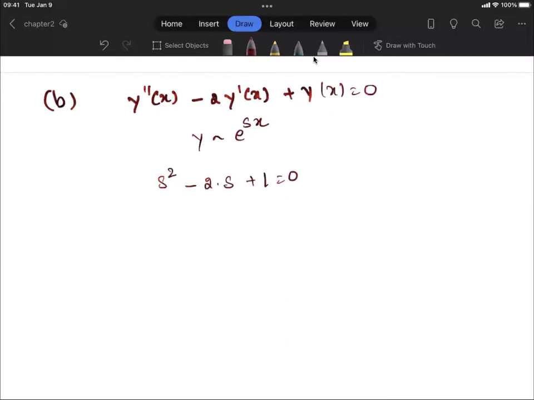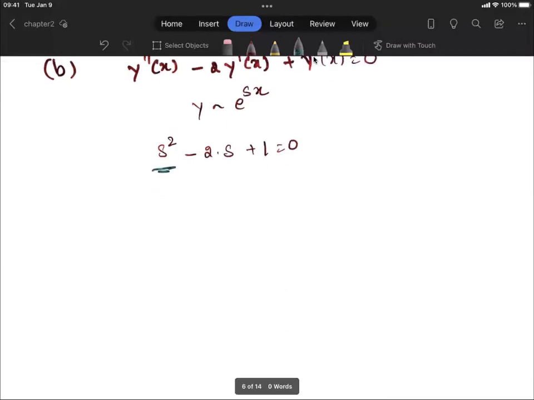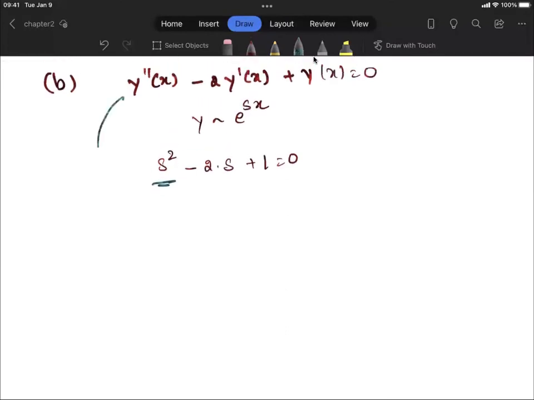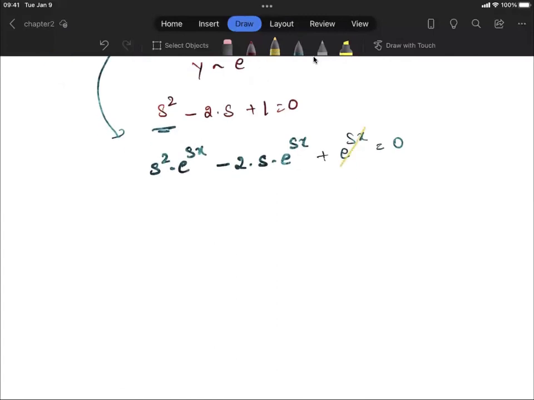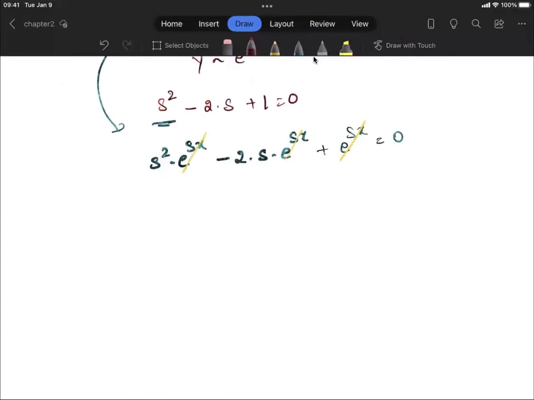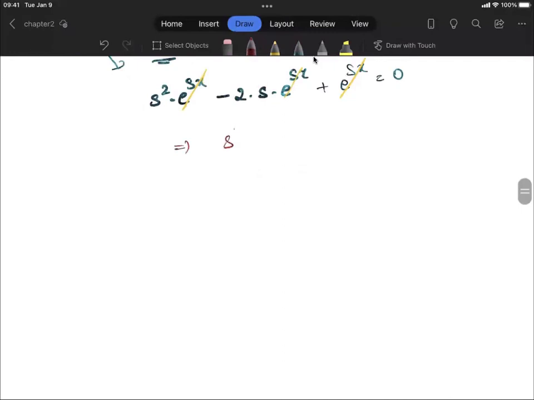If you want me to show you how we ended up with this, we can just plug in the values and check. It's going to be s squared times this times, I'm just going to cross these out. That gives me s squared minus 2s plus 1 equals 0.